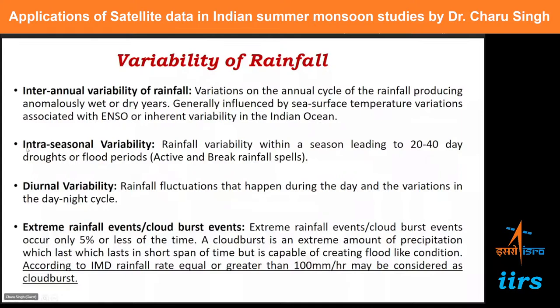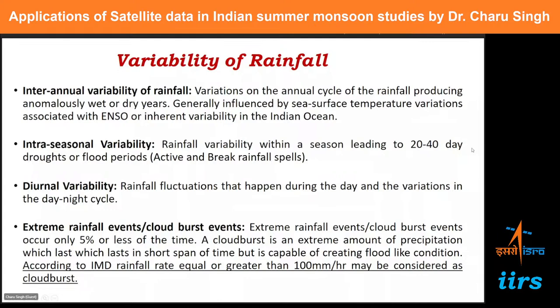There is another variability that happens within the season. We call it the intra-seasonal variability, because during the 4-month season of monsoon, we experience spells of active rainfall and break rainfall. This is known as the intra-seasonal variability, and these active and break rainfall spells are associated with variability happening at the 20 to 40 days scale.